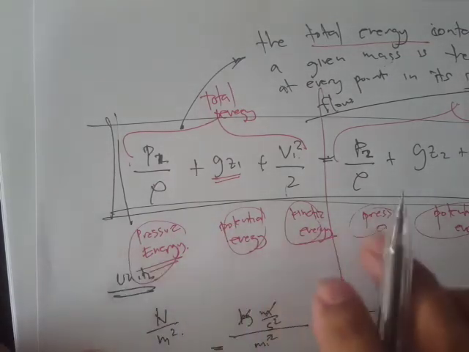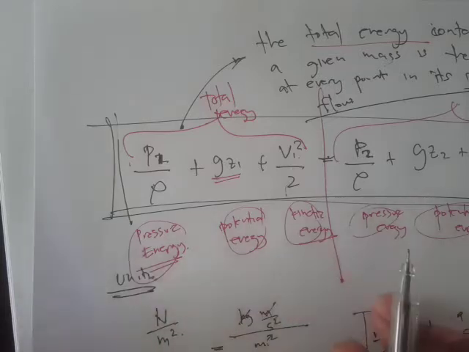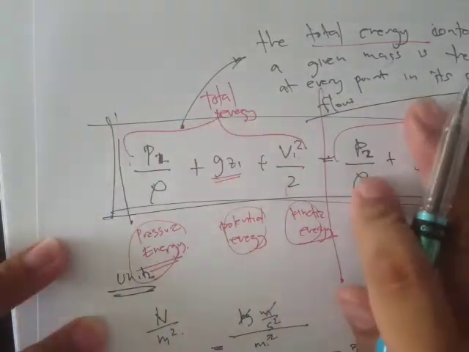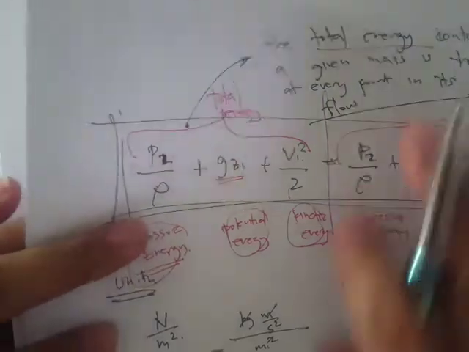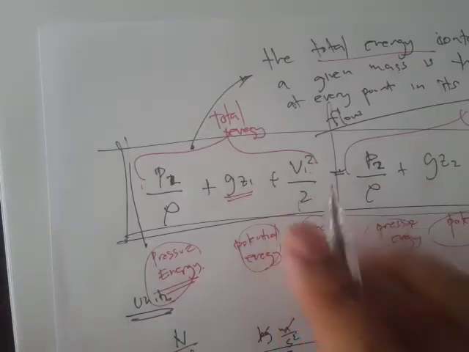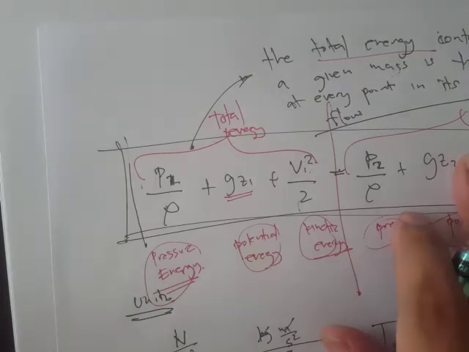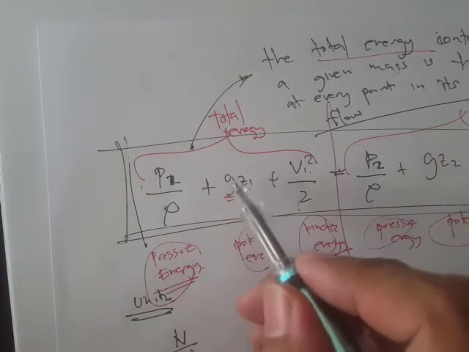For now, we use the units of energy, but we can also express this expression in terms of head form and pressure form. For the head form, let's divide both sides by the gravitational constant g.